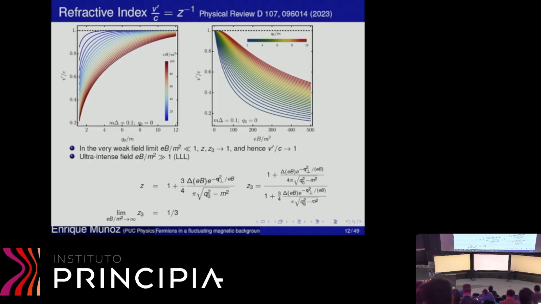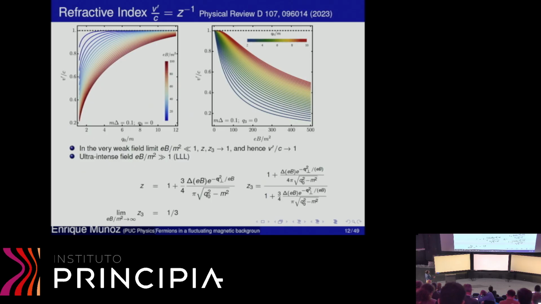If we do a numerical representation of the refractive index, which is inverse Z, as a function of the energy scale, we see that for large energy scales, it tends to 1. So basically, the noise has less effect over high energy components of the propagator. It affects much more the low energy components. And as you keep increasing the magnitude of the average magnetic field, again, this renormalization effect becomes stronger.